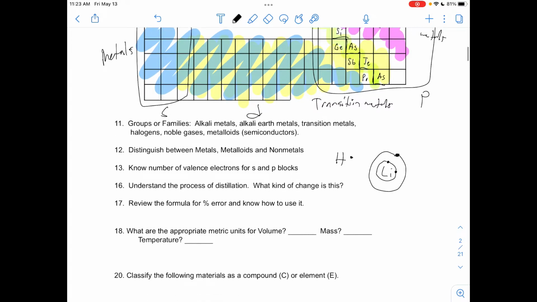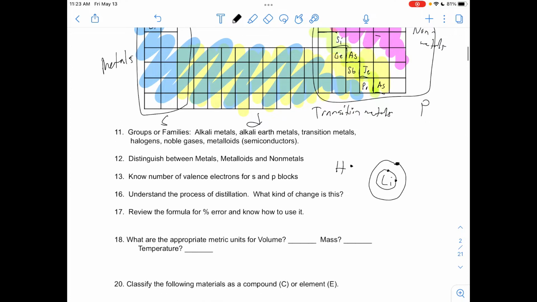Okay, distillation. Remember, if I had a beaker with water in it, and I had a hot plate, and I heat it up, that water will become water vapor.